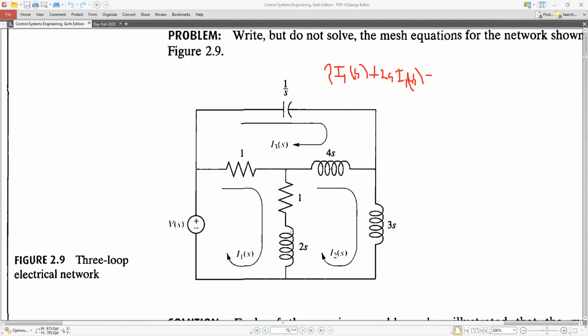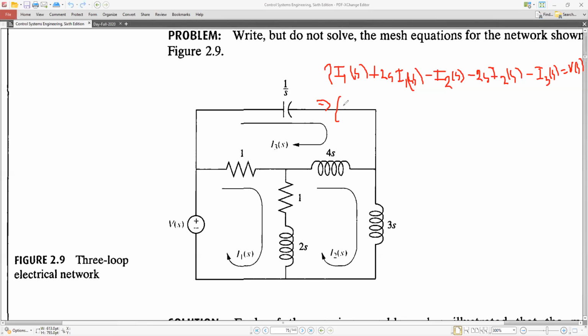Minus, here two things. For the I2s you get this one: minus I2s, since it is 1 minus 2s I2s, and minus I3s is equal to Vs. That is the first equation.